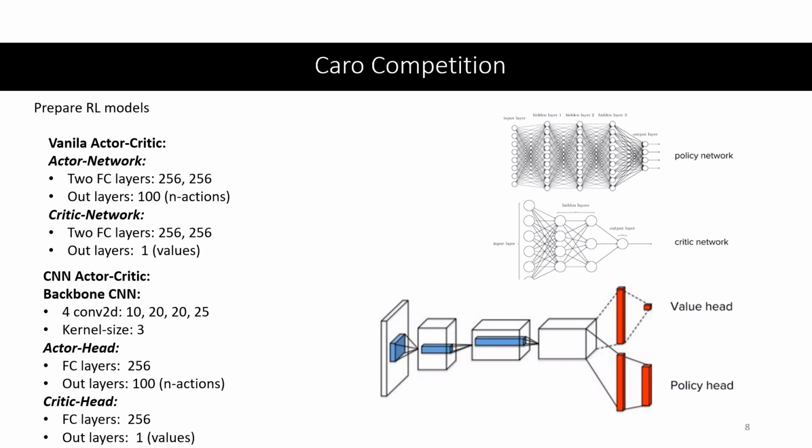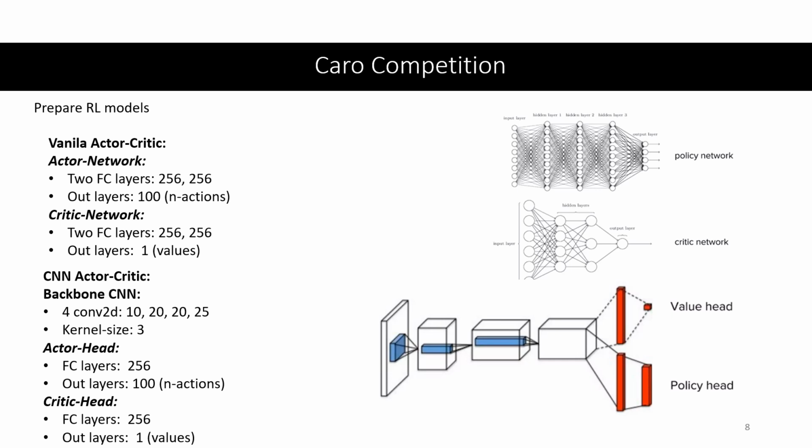For the CNN actor-critic network, I built a CNN backbone as a feature extractor, with four convolution layers. The filters are 10, 12, 20, and 25, and the kernel size is 3.